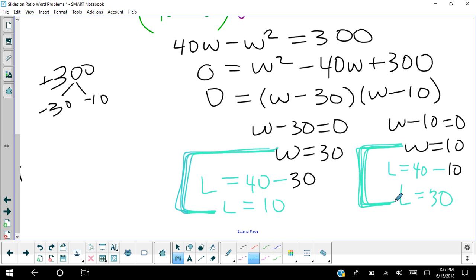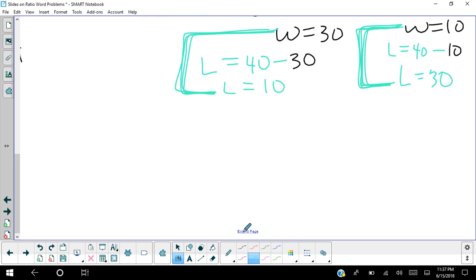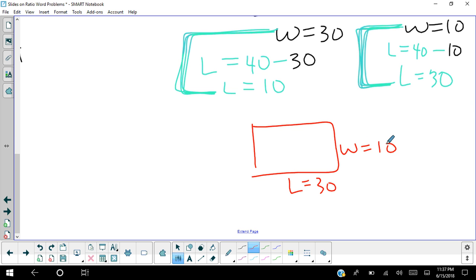And this might seem like we have two different answers. We don't. It just means that in my original rectangle that I drew, which we color coded two different ways, so let me just draw one that is a totally different color. I could call this L and this W if I wanted to, and that would be this representation where L is 30 and W is 10.